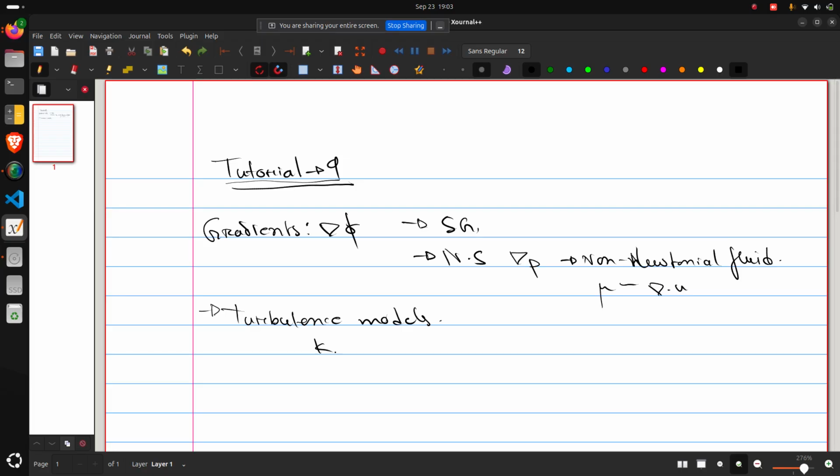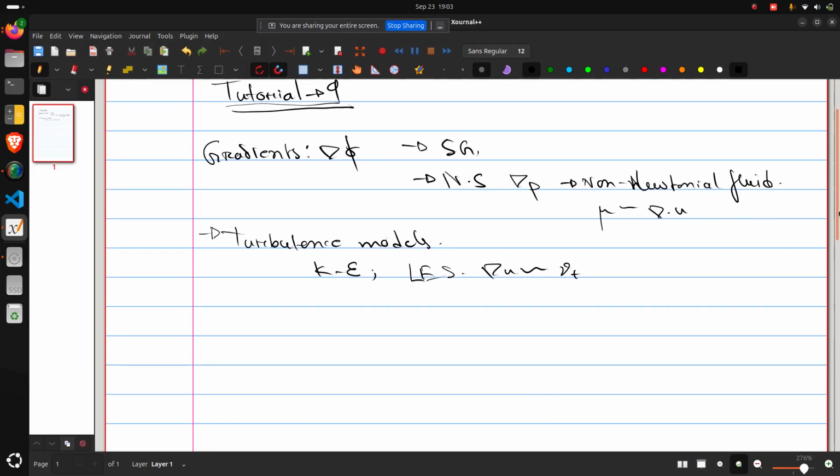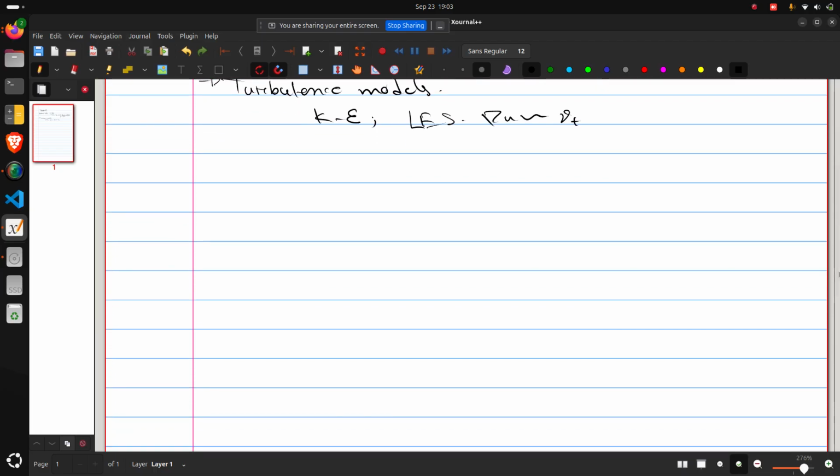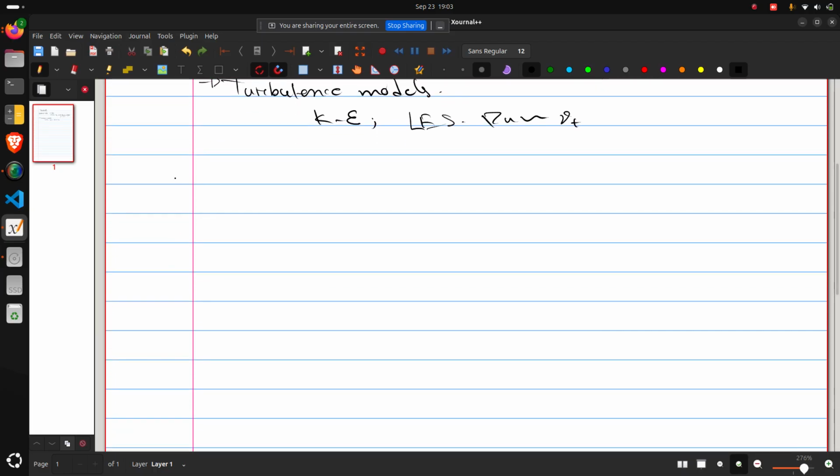For example, in the k-epsilon model, or even in large eddy simulations, we require the computation of the gradient of the velocity field, which in turn helps us to compute the turbulent viscosity and so on, right. So just to give a motivation of why we require a method to compute the gradients of the dependent variables.